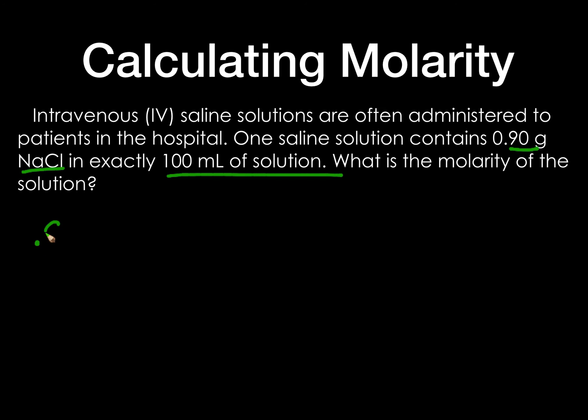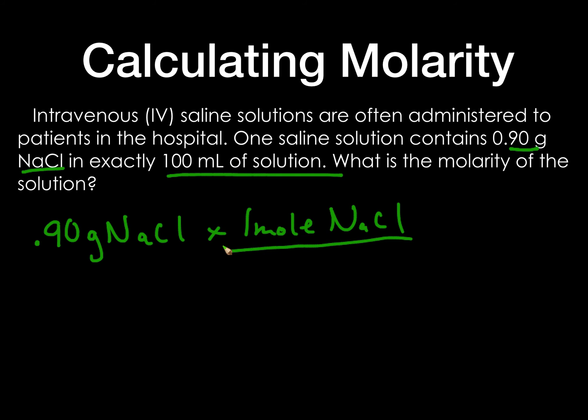So I need to change 0.90 grams of NaCl to moles of NaCl because I know NaCl is my solute. Once again, 22.99 plus 35.45 will give me 58.44 grams of NaCl.